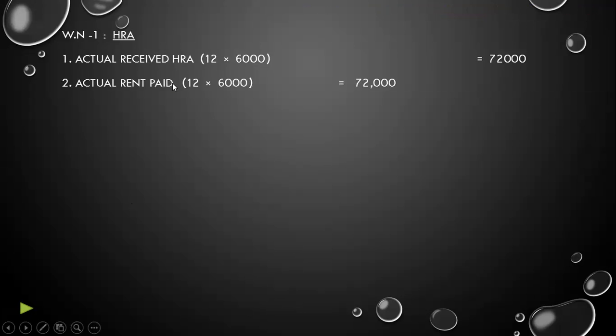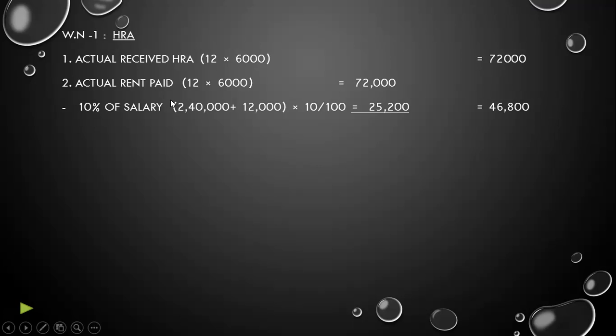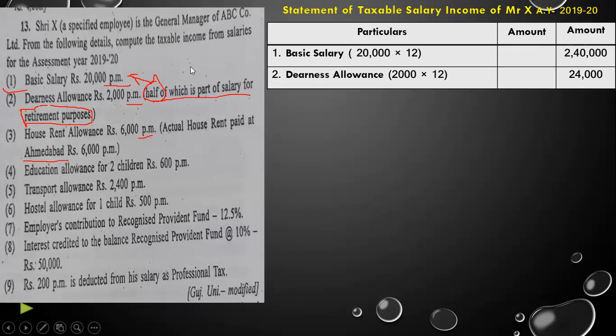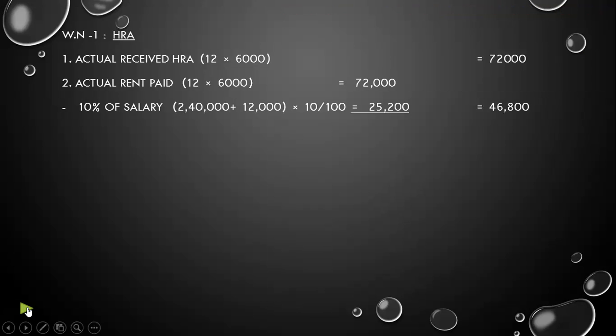Then second entry is actual rent paid, that is 12 into 6,000, again equal to 72,000, minus 10% of salary. Now here this line will be followed: half of which is part of salary for retirement purposes. So this half part will be added in the salary. 12,000, because the dearness allowance is 24,000.